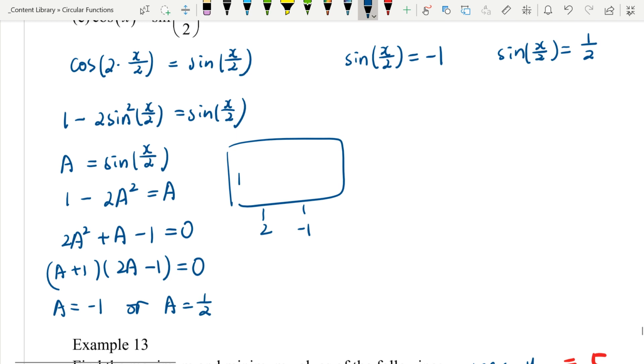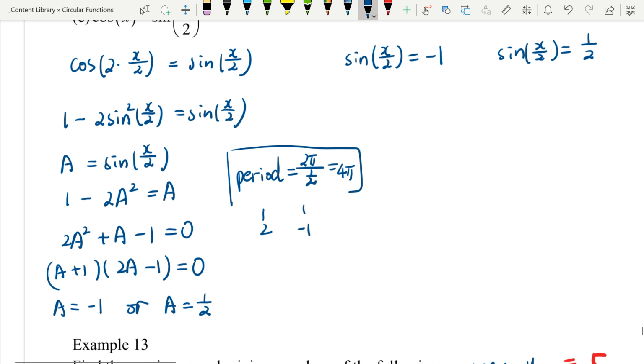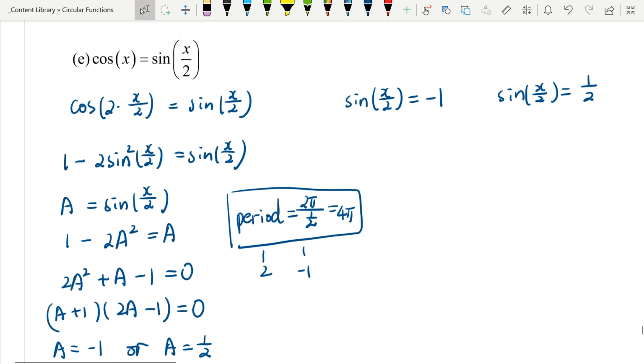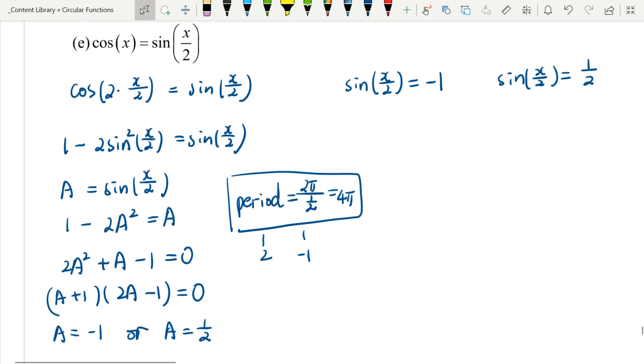What's the period? 4 pi. 2 pi over half, that's 4 pi. Okay, again, sine what equals negative 1? 3 pi over 2.